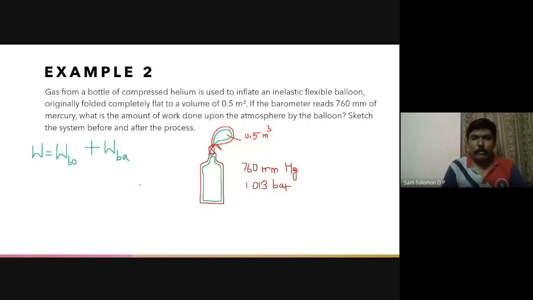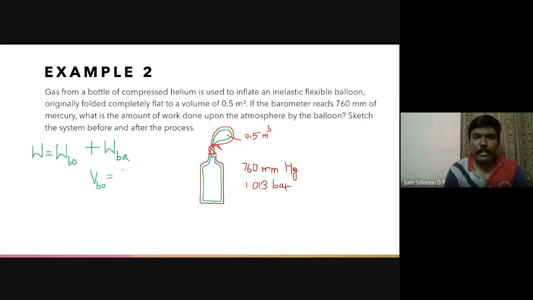If the volume is retained, for work done, this is a closed system. No air is entering from outside or leaving to the atmosphere. It is just taking place between the bottle and the balloon. So if the volume of the bottle is not going to change, dV of bottle is equal to 0. Are you able to follow? The volume of the bottle is constant.